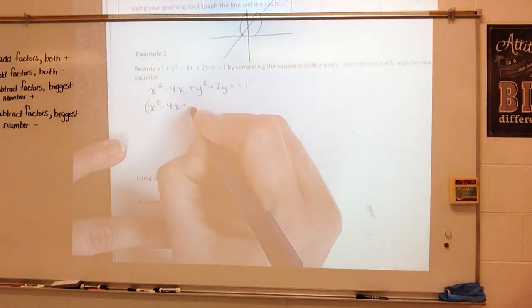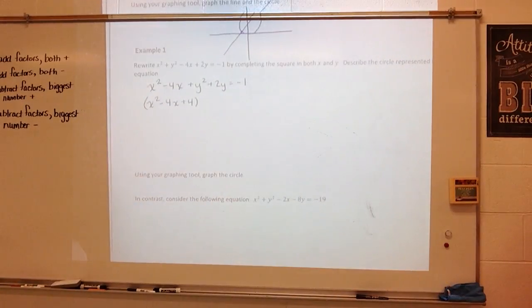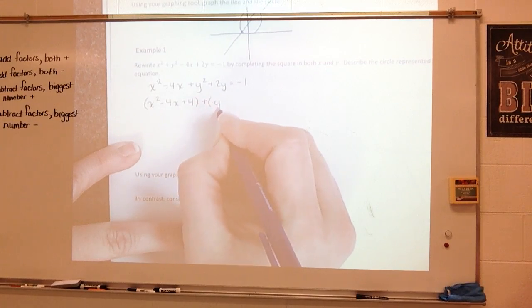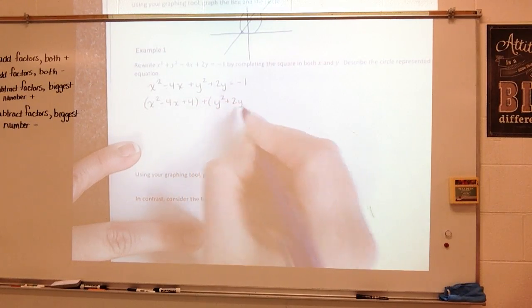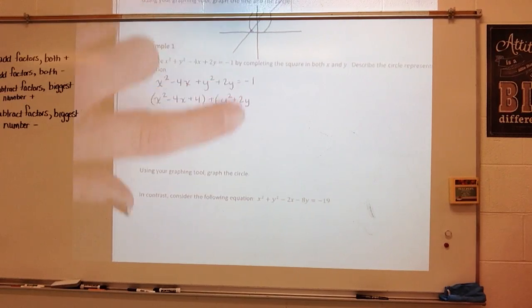So that would be 4. Now, I'm going to show you something. Give me just a minute. Let me finish this part. Y squared plus 2y. We're going to take half of the 2, which is 1, and square it, which is 1.